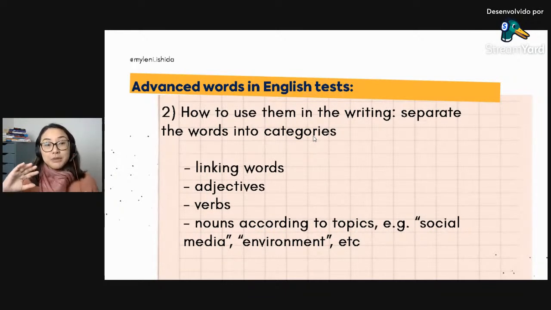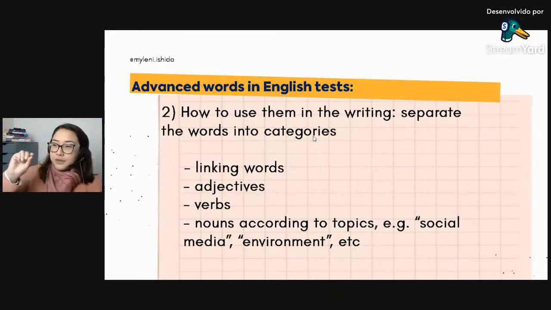You can also separate this in your vocabulary notebook. For example, you can have the topics. For example, you have in your vocabulary notebook social media. Then you have one page for social media. You're going to put words that you think they are useful when you have to answer topics related to social media. Okay? And you can use the advanced words from Oxford to help you, right?